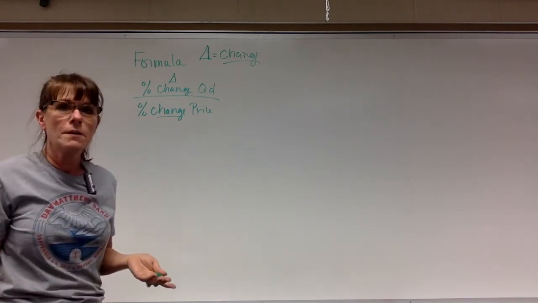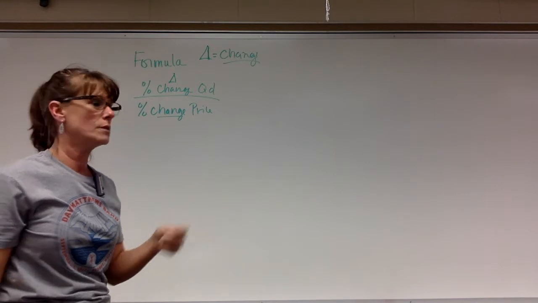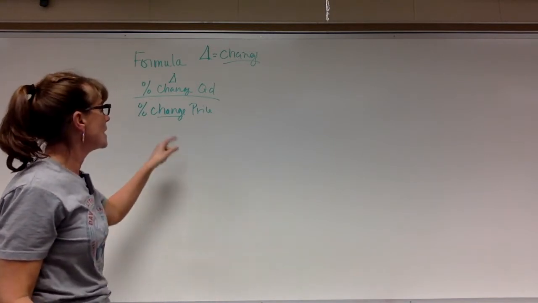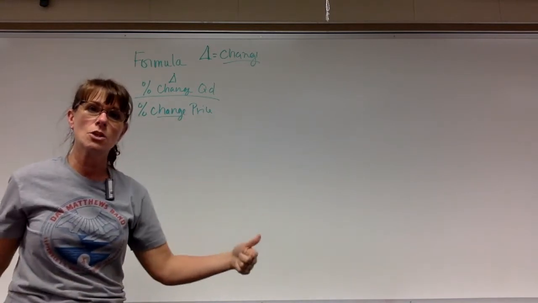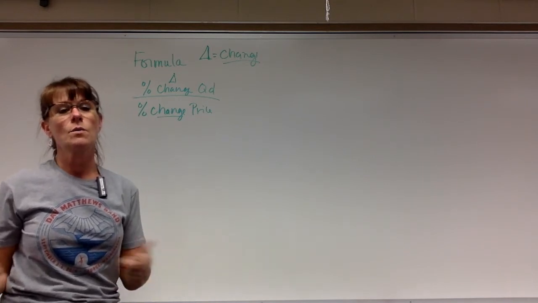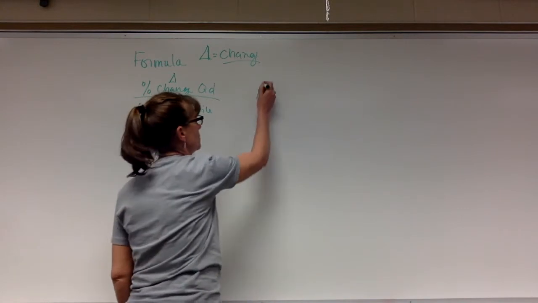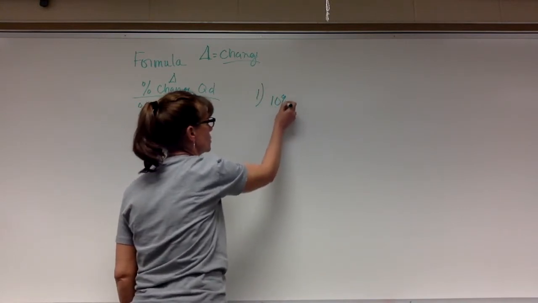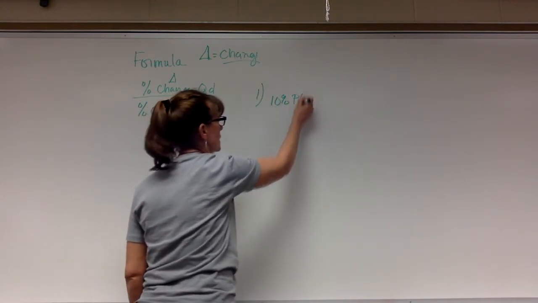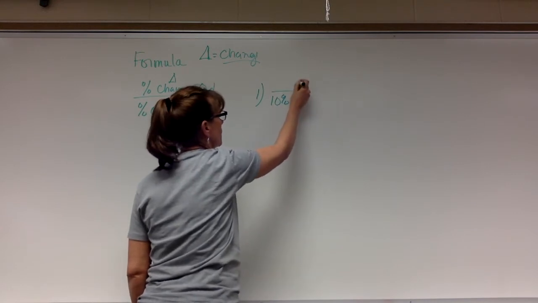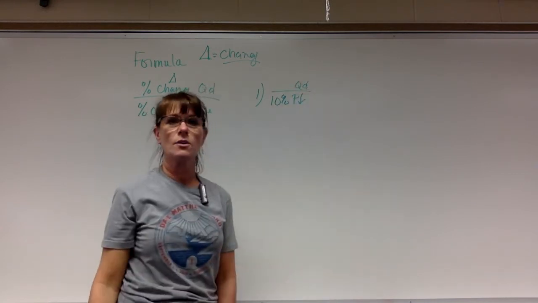So we can see several different things happen here, depending on if it's price elastic, we're going to see a huge change in the quantity. If it's inelastic, we're going to see a very small change. So let's just go ahead and plug the numbers in. 10% change in price, and it can go down, it can go up, it doesn't matter. We know that that's going to have an effect on our quantity demanded.